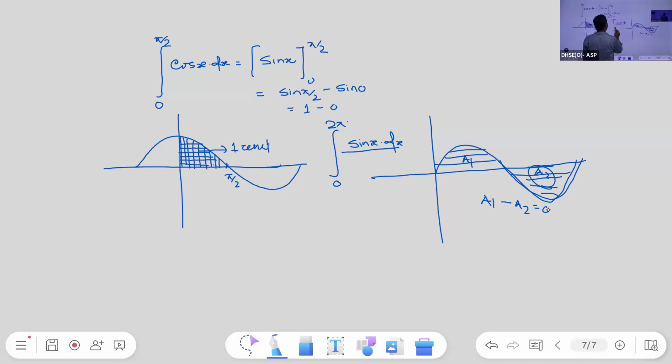So integral 0 to 2 pi sin x dx is equal to 0. I hope it is clear to you. Nupur, Nasreen, Rajalakshmi, Pankaj, is it clear?